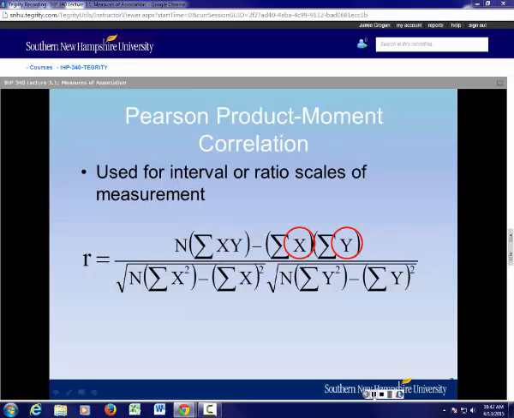It's really beyond the scope of this class to talk about how this formula was developed. Clearly someone with way too much time on their hands came up with this. But you can see the presence of x and y in this particular formula in the numerator, and then in the denominator there are two separate phrases here, both underneath a square root. One is for x and one is for y.